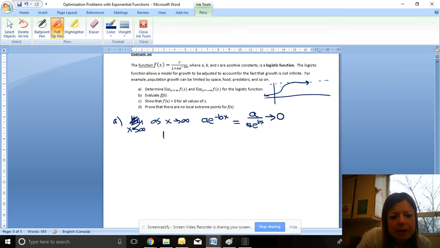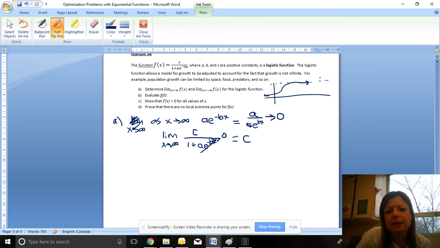So the limit of this whole thing, this part's going to go to 0. So you get c over 1, which is just c. That means the equation of this upper asymptote is y equals c, because as x gets closer to positive infinity, the entire logistic function approaches c.